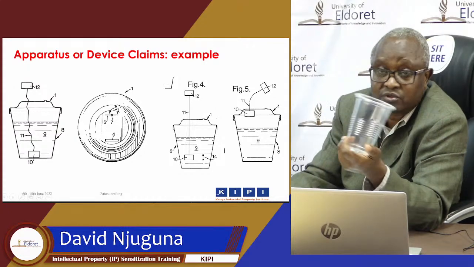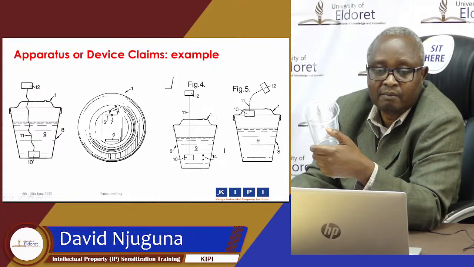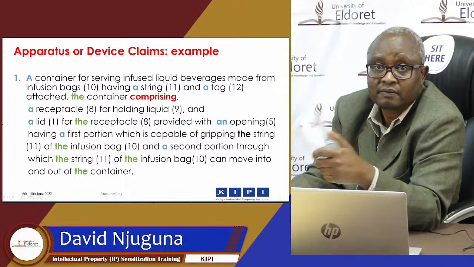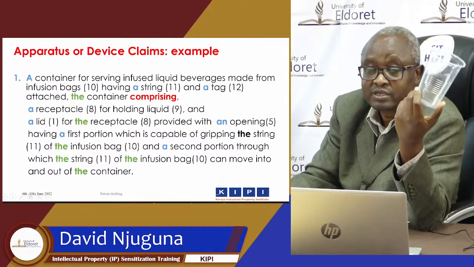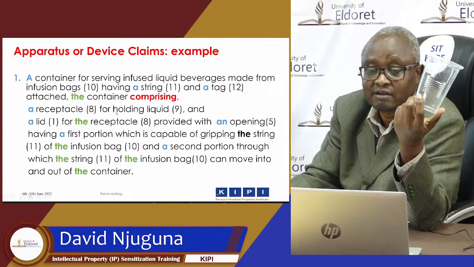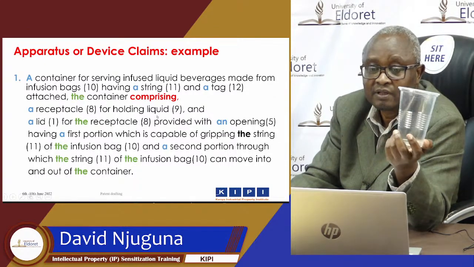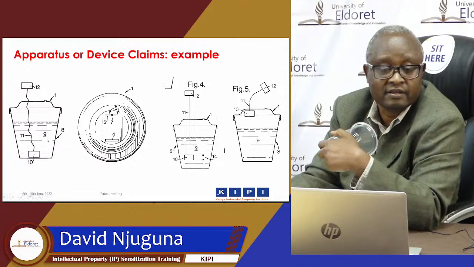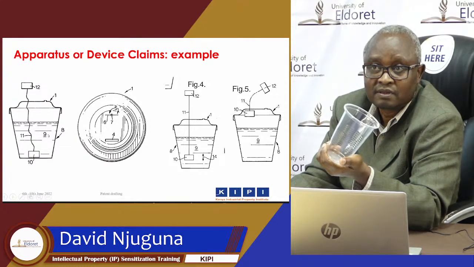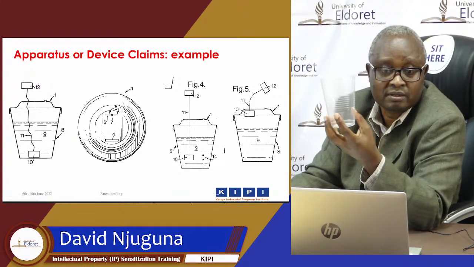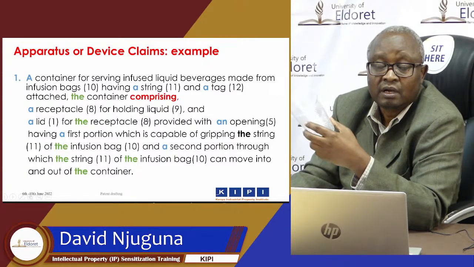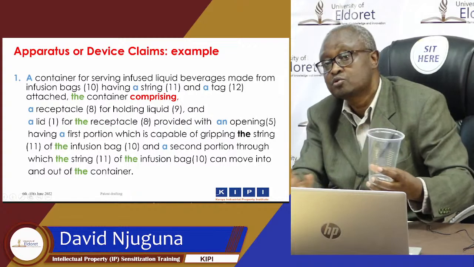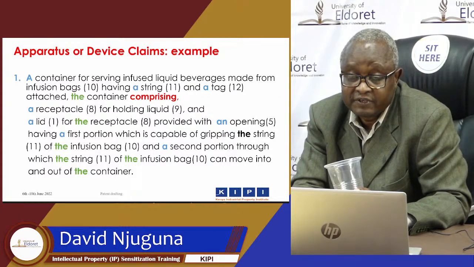It would give the same meaning. It has a receptacle. And what is the purpose of it? It's indicated there for holding liquid. So if you go through the drawings, you'll find there's 9. That is pointing to the liquid that is held in a container. Actually, this thing, it has 2 features.